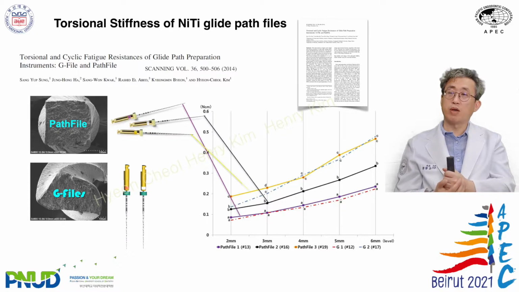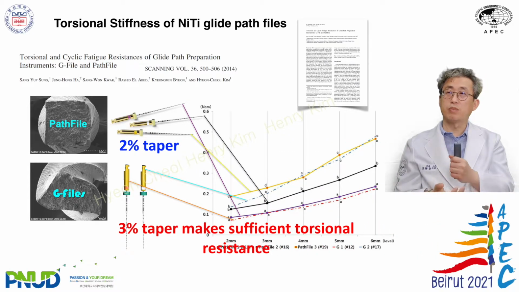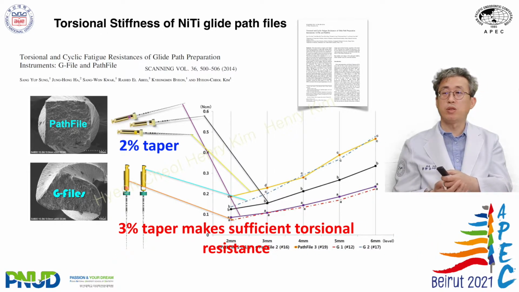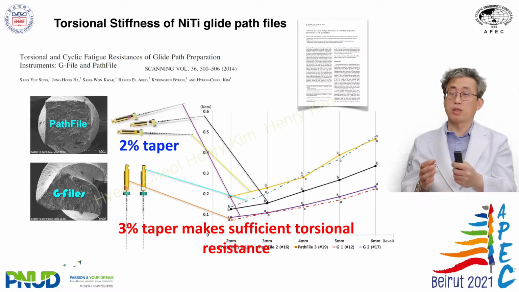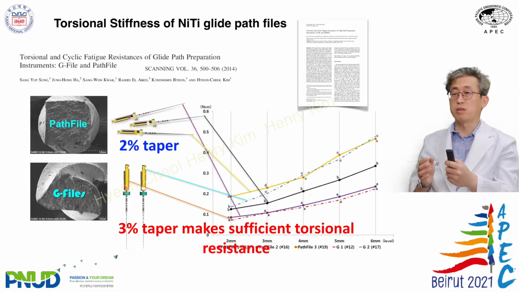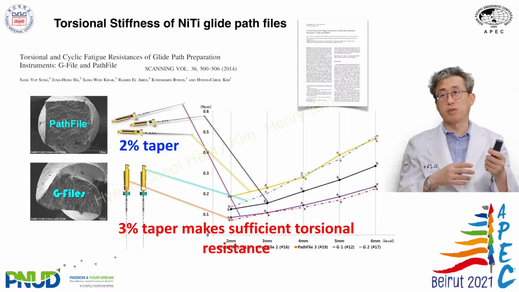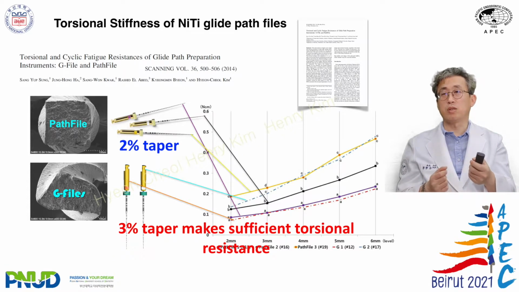How about the triangle cross section from the G file or 1G? Those have irregular and asymmetric cross section. This study resulted that it also has good torsional resistance and torsional strength at any levels, the multi-level from 2 to 5, 6, as much as the pacifier, because the 3% made it possible.